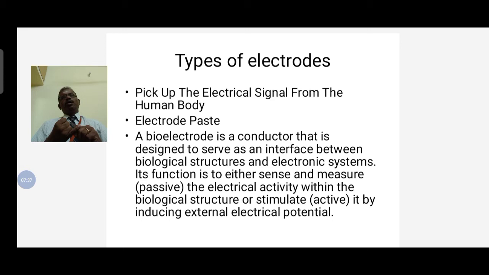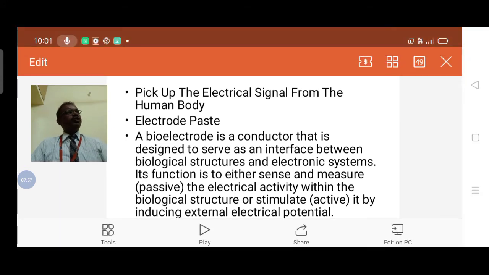So next, basic definition: bioelectrodes. What is meant by bioelectrodes? A bioelectrode is a conductor designed to serve as an interface between a biological source and an electronic system. The biological source means the human body, and the electronic system means the electrodes.